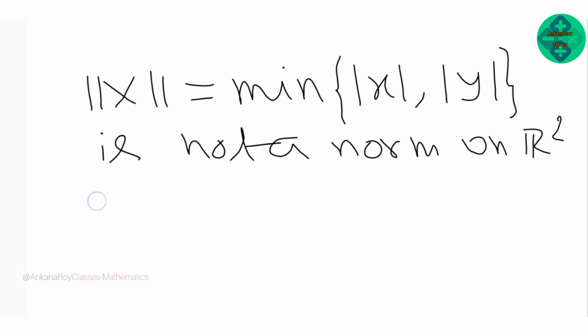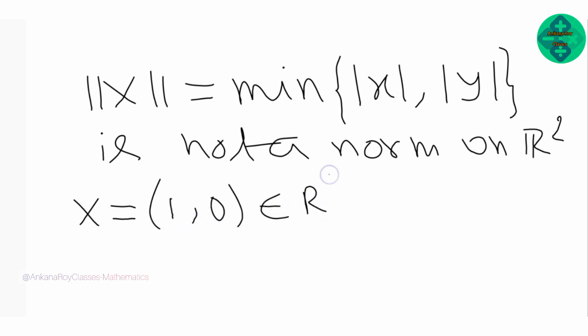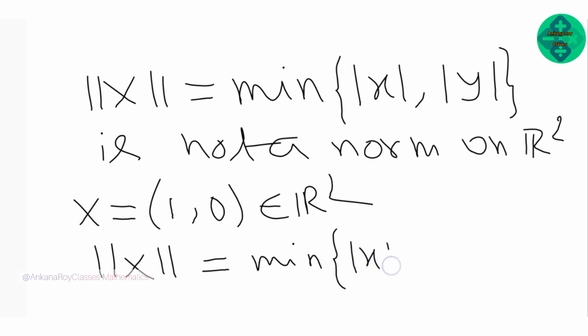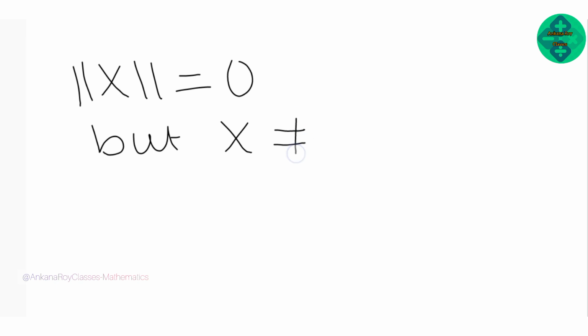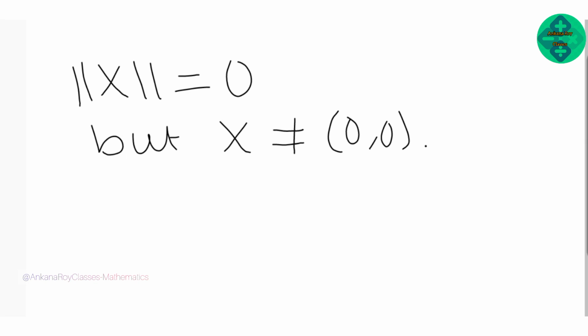Because if we take x is equal to (1, 0), which belongs to R2, now norm x is equal to minimum of mod x, mod y, which is equal to minimum of 1, 0, which is equal to 0, but x is not equal to 0, which violates the condition of norm.